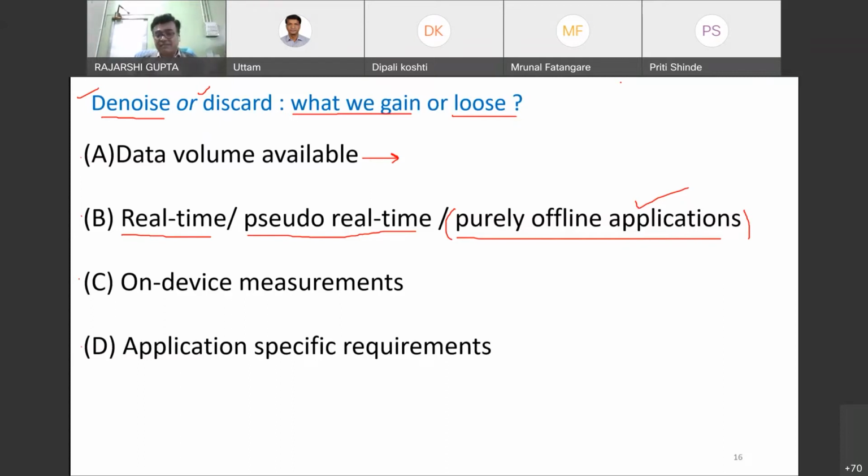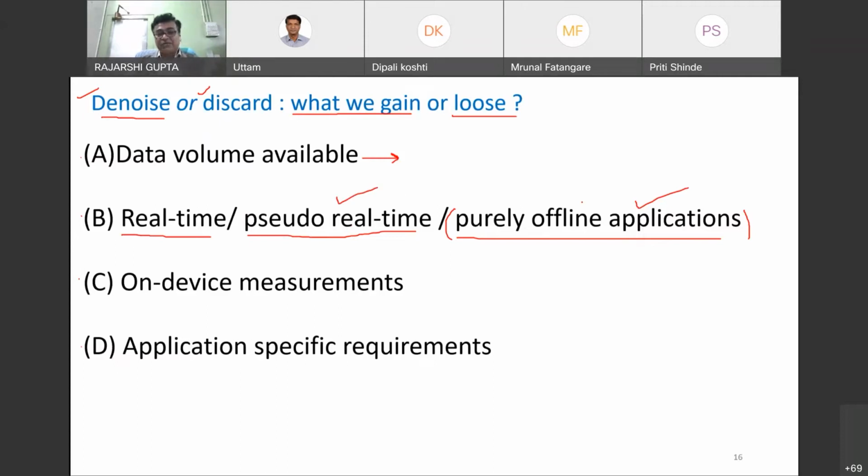Then we write some algorithm, maybe in MATLAB, maybe in Python, we just call the file, and make our measurements. So in academic research, 70 to 80% of whatever we do on any types of signal processing is purely offline applications. Let us discuss the next one, pseudo real time.